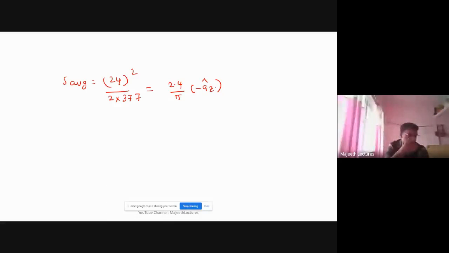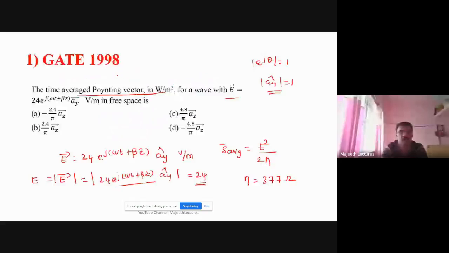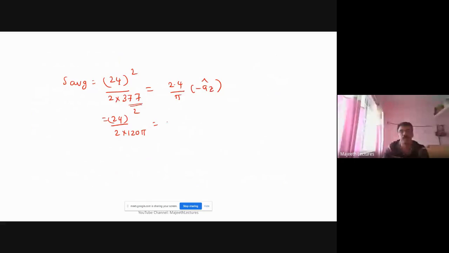Otherwise, you can say it is 24 squared divided by 2 into 120 pi, because 377 is equal to 120 pi. So you substitute 120 pi, and 24 into 24 divided by 240 gives 2.4 divided by pi.